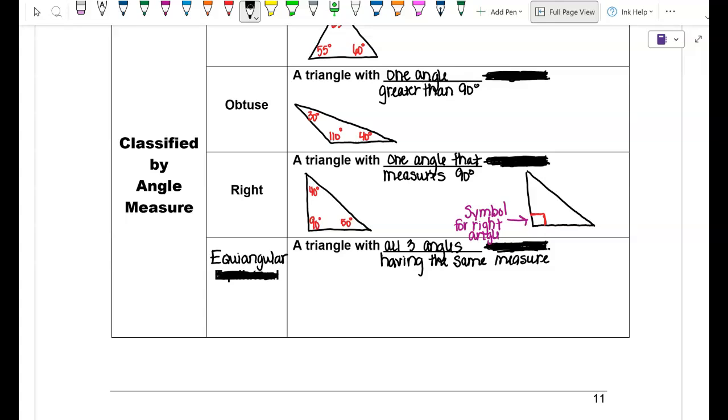So if we think about that, going back to yesterday's lesson, all the angles have to add up to 180. If all three of those angles are the same, what is 180 divided by 3? 60.